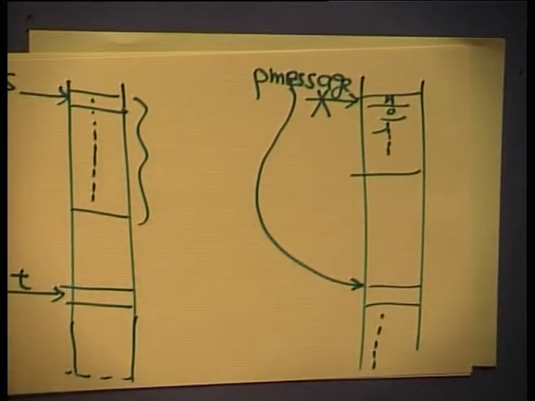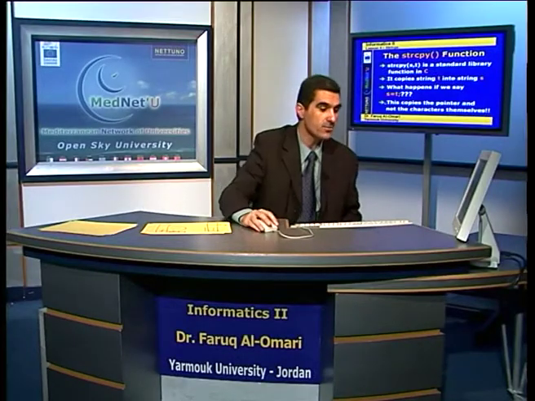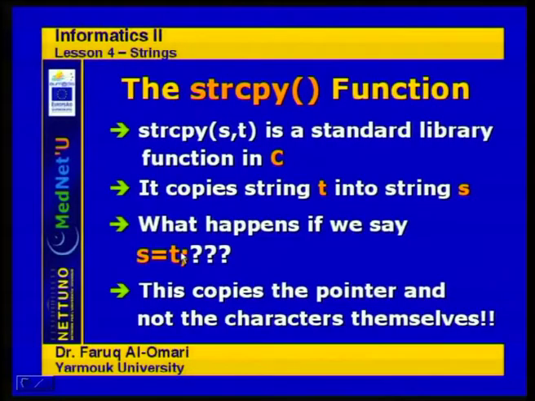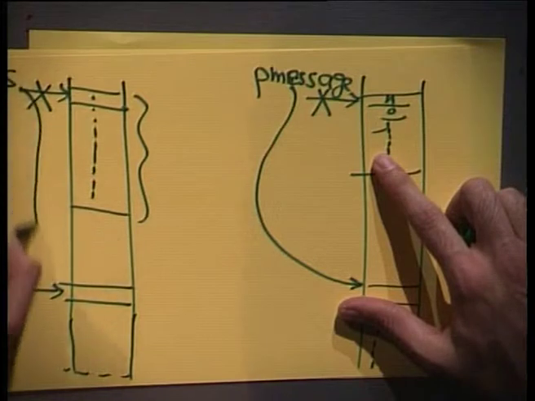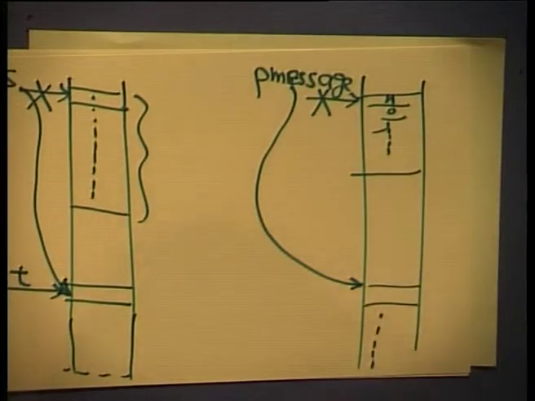So when I say something like s equals t, what I'm basically doing is reassigning s to point to this. So I'm not physically copying the string. I'm just making both pointers point to the same physical memory location. Is that what you want? Well, it depends.